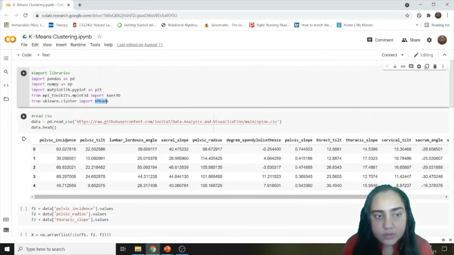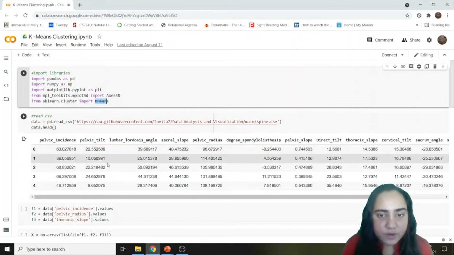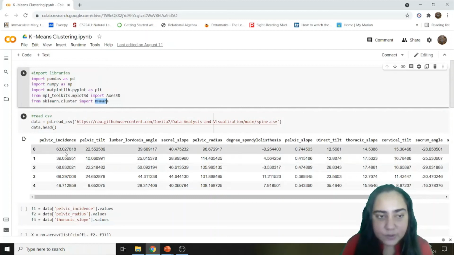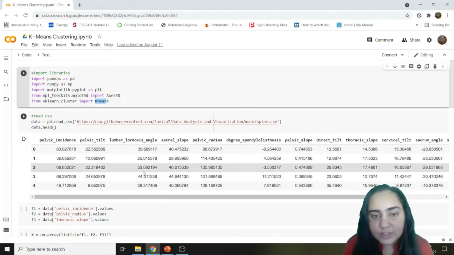There are a couple of things here. The first thing is the pelvic incidence. All these are just values for different organs or body parts in your body, and these values are very biological. We don't need to understand what exactly these values mean, but based on all these values, you can decide if the spine is normal or abnormal.